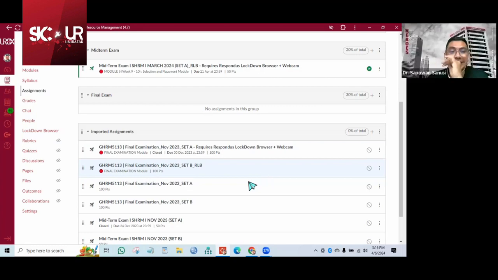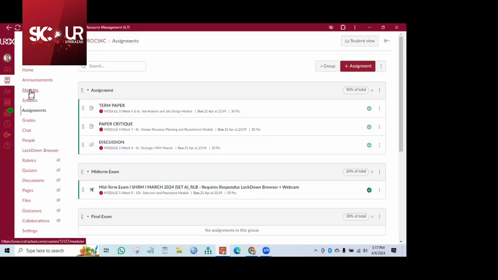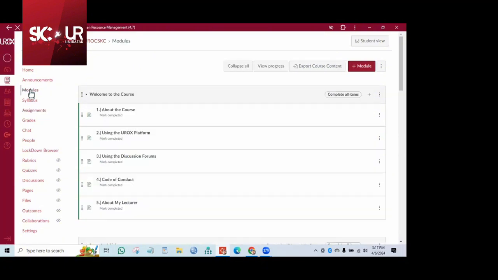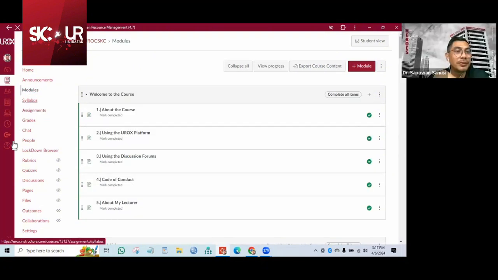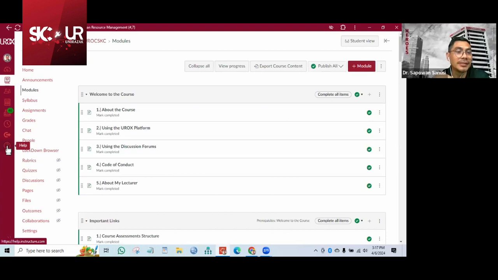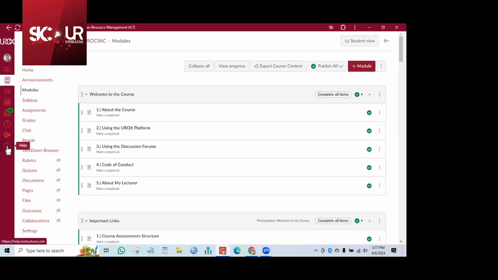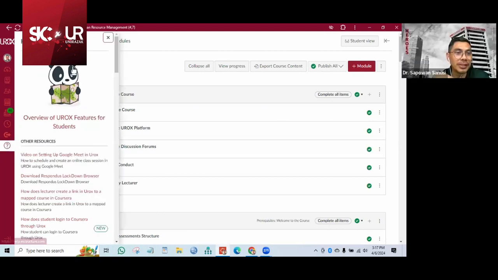Prof, so it means we need to download the lock something? No, you go to here. You go to your routes. Click Responders. Not lock something, bro. Lockdown. Go to your UROX. You will see here: Download Responders Lockdown Browser. Click it.